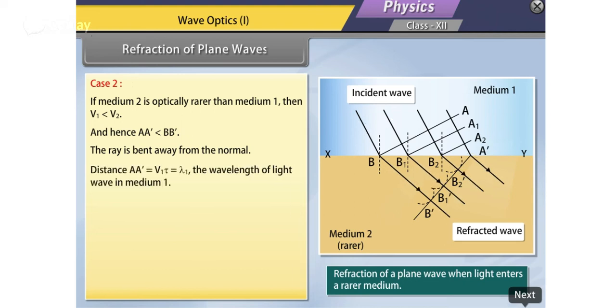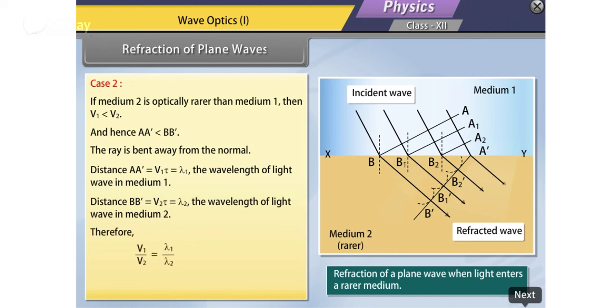Distance AA' is equal to V1 times tau, equal to lambda 1, the wavelength of light wave in medium 1. Distance BB' is equal to V2 times tau, equal to lambda 2, the wavelength of light wave in medium 2.